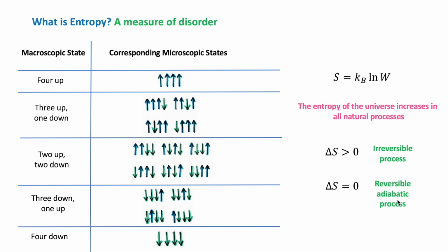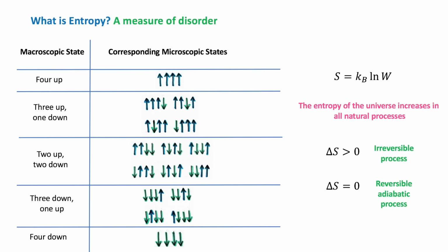Okay, and take note here that the change in entropy is not zero for any adiabatic process. For example, the entropy increases for an adiabatic free expansion, but the change in entropy is zero only for a reversible adiabatic process.